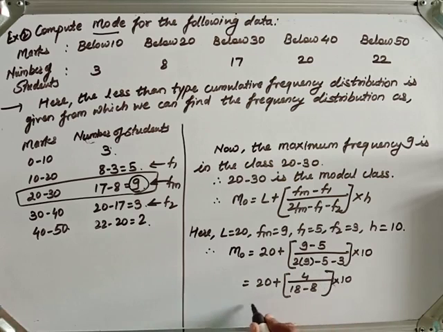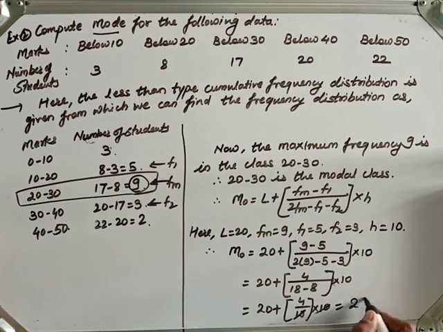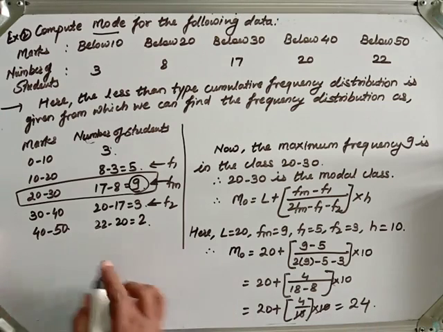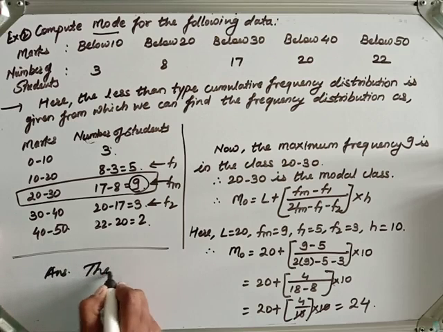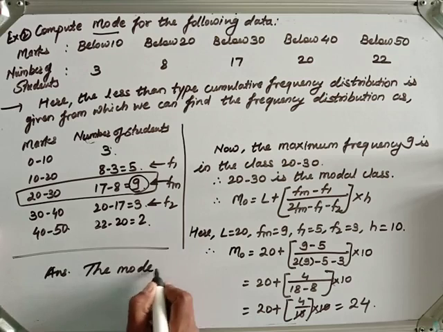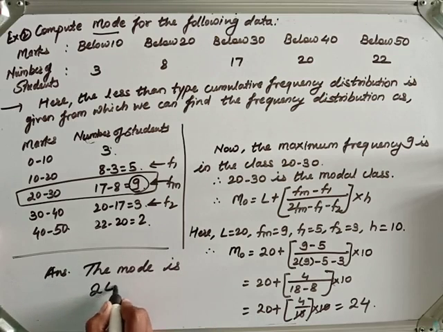Okay, so it will be 20 plus 4 by 10 multiplied by 10. So 10 gets cancelled, and I get the answer 24. So the mode of the data is 24. This is the final answer here.